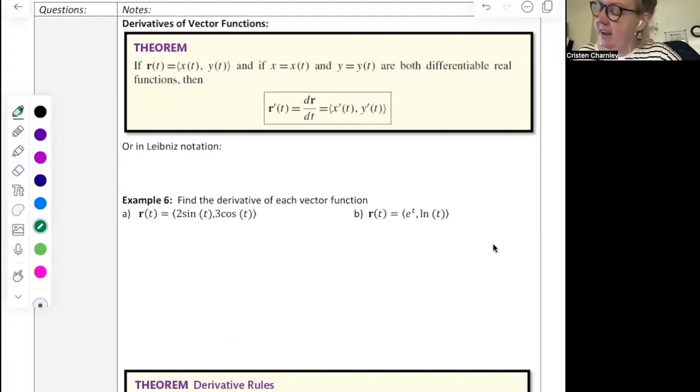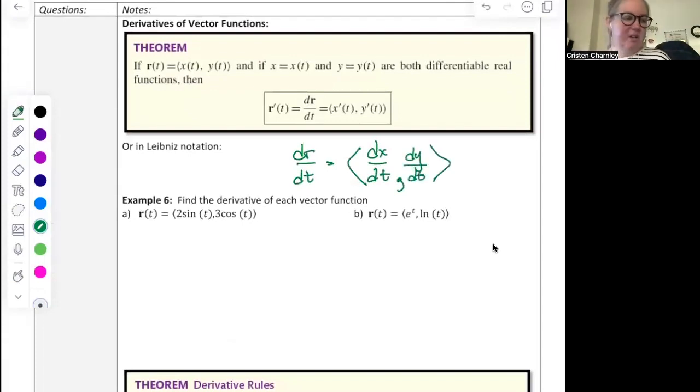If I want this in our other notation, we could say that dr dt is equal to dx dt, comma, dy dt. And that should look pretty familiar. We did exactly that when we were talking about parametric equations, which is terrific.